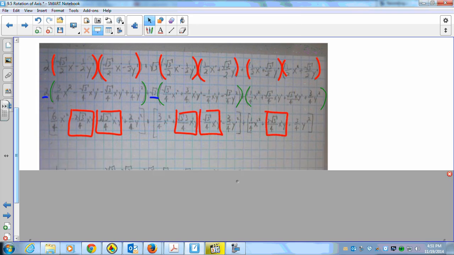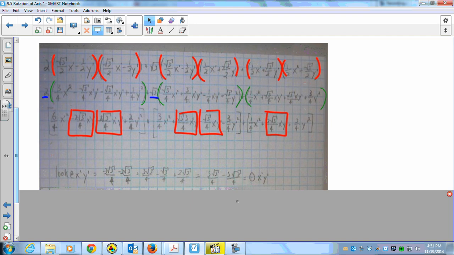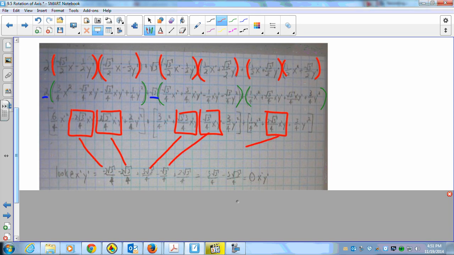When I grouped all those together, I got a negative 2√3/4 minus 2√3/4 plus 3 square roots of 3 minus square root of 3 over 4 plus 2 square roots of 3 over 4. Notice we get 0 after we collect all our like terms. At this point, we know we've done it correctly for the most part because we don't have this xy term anymore, which is great.